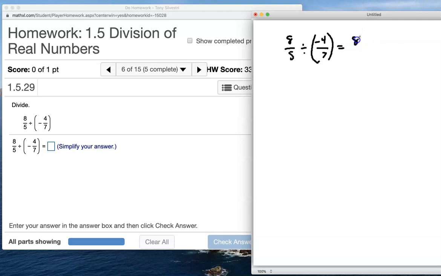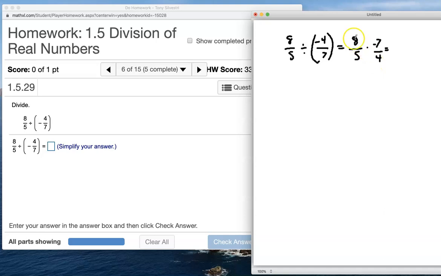8/5 stays the way it is. Times the reciprocal. Flip the second fraction around. Now remember, when I flip the second fraction around, 7 goes up top, negative 4 goes on the bottom. But the negative could be on the bottom, could be on the top, it could be in the middle. So I'm going to put it on the top because it just looks better to me like that.